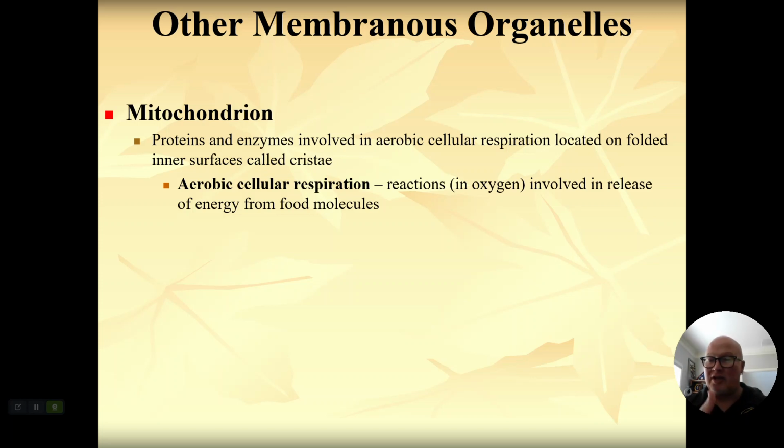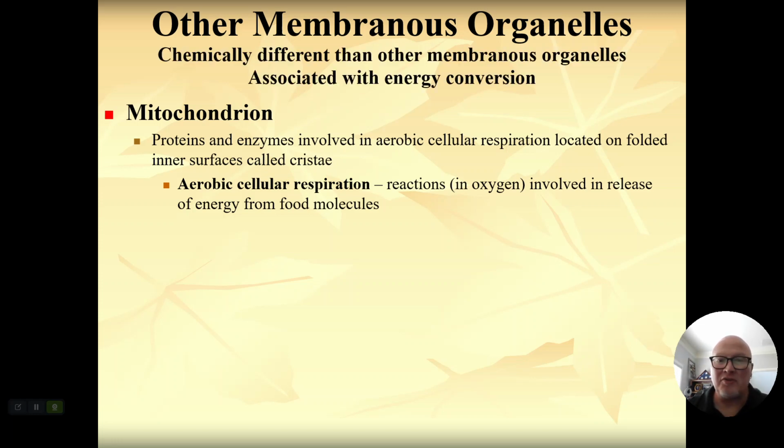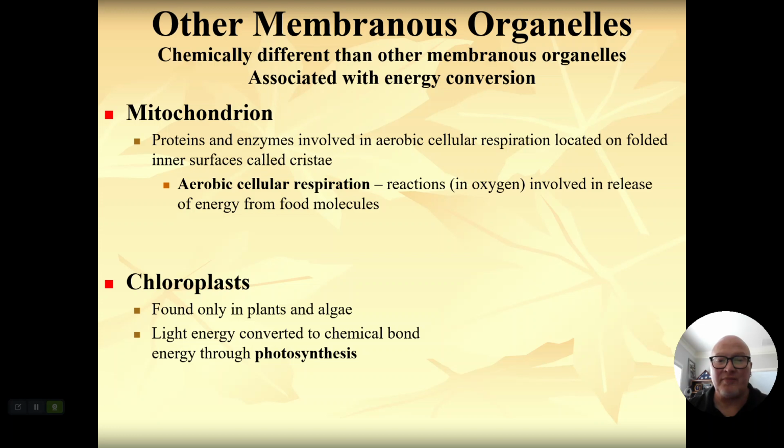The mitochondrion oxidizes this sugar to produce a chemical called adenosine triphosphate, or ATP, the currency of energy in a cell. That's called cellular respiration, and since it uses oxygen, we refer to it as aerobic respiration.